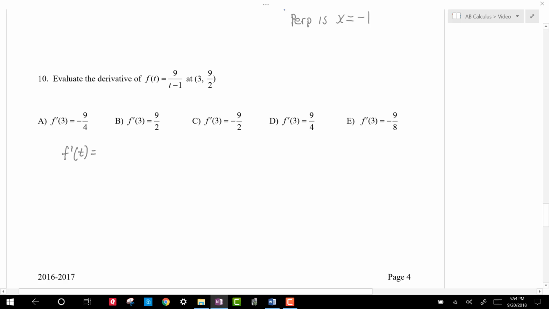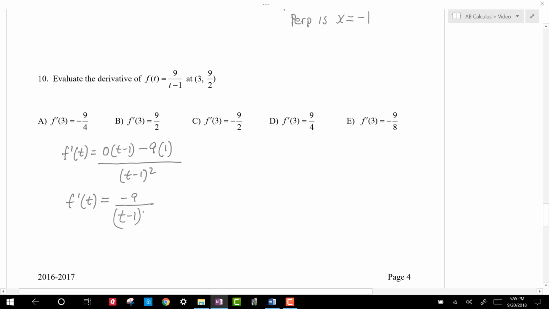There's other ways that you could possibly do this, but the derivative of the top is 0 times the bottom, t minus 1, so that whole thing is going to be 0, minus the top, 9, times the derivative of the bottom, which is just 1, all over the bottom squared, t minus 1 squared. So f prime of t is simply going to equal negative 9 in the numerator and t minus 1 squared in the denominator.